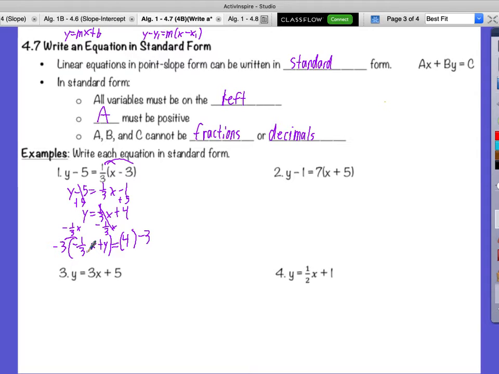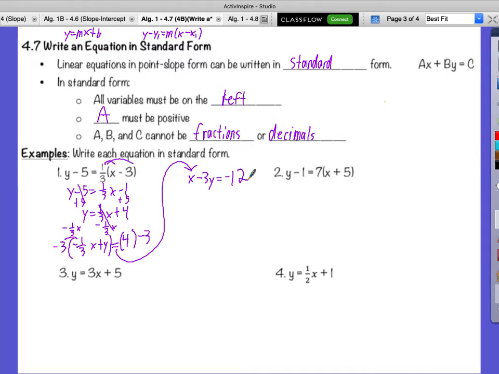Just positive 1. So now we're just left with positive 1x, or just x. What's -3 times y? -3y. And what's 4 times -3? -12.